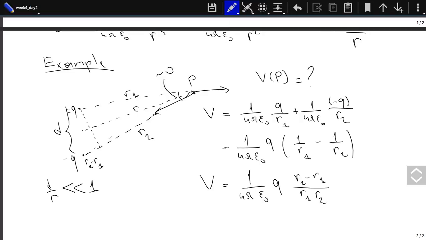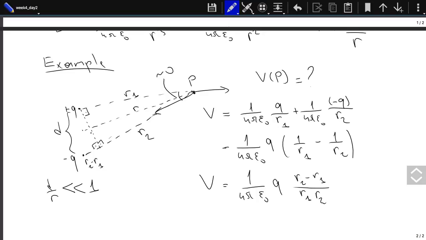But remember, these angles over here are just 90 minus half of this angle. But this angle is almost 0. So these angles are almost 90 degrees. Not exactly, but almost.